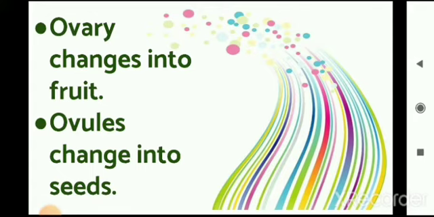As you already know, ovary changes into fruit. When flowers are fertilized, then ovary gradually swells up and becomes fleshy to form the fruit. Clear? And what happened to the ovules? The ovules change to form the seed. Clear?